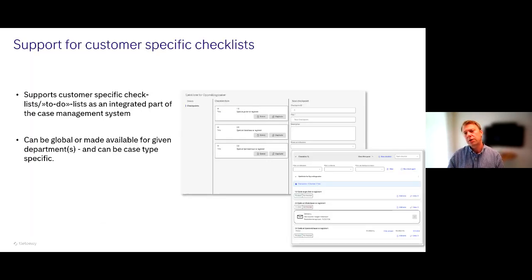I mentioned customer-specific checklists. The way that Plan and Build works is that we heavily rely on the national checklists that are being supplied. But in addition, we now also support the option for customers to have customer-specific checklists that you can integrate either as a completely independent checklist or on an individual step for a specific case type, etc. So you can use that both in combination with the existing processes, but also for different types of process support in the solution.